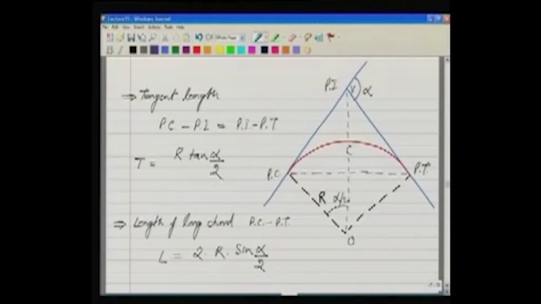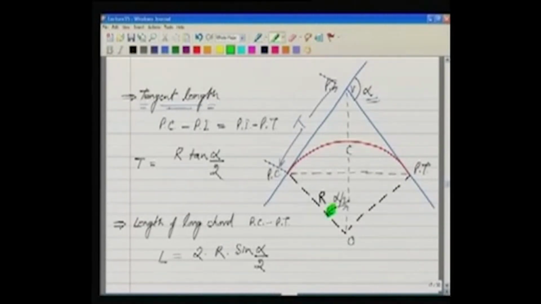Then the second element is tangent length. The tangent length, we had discussed, is this particular value which we represent as T, from point of curve to point of intersection. And this angle is alpha, so obviously this will be alpha by 2.